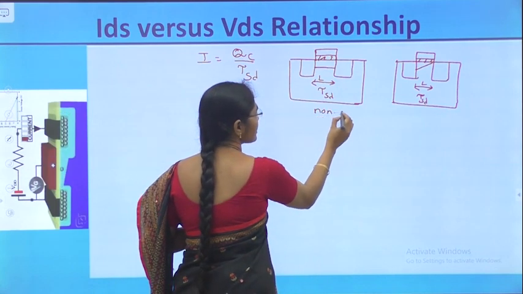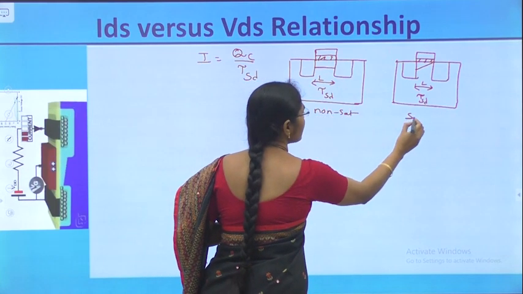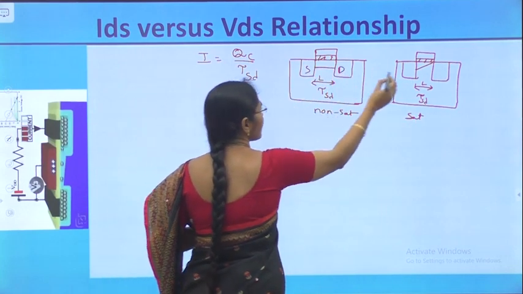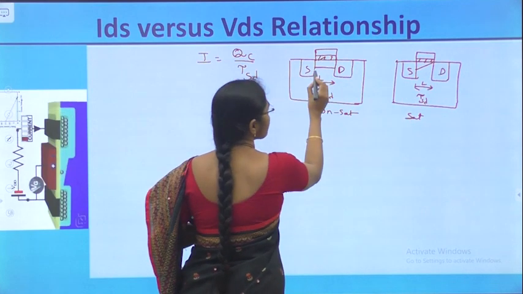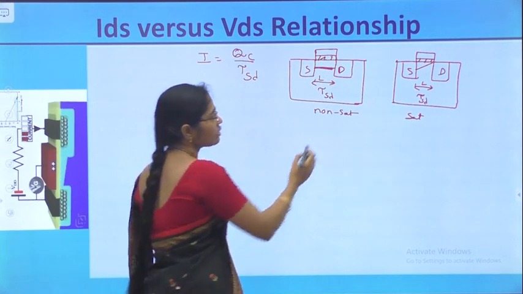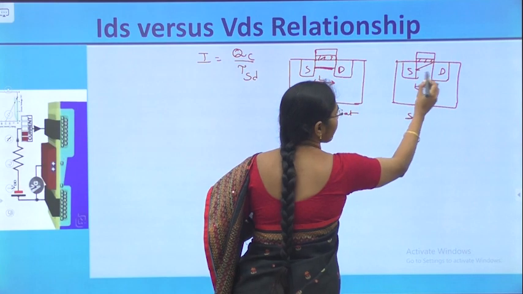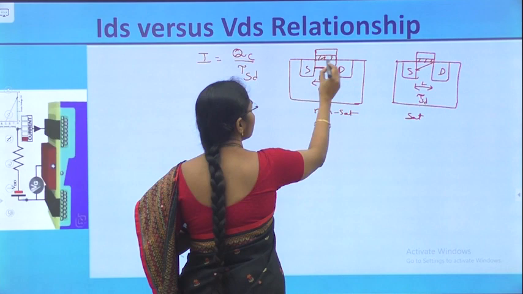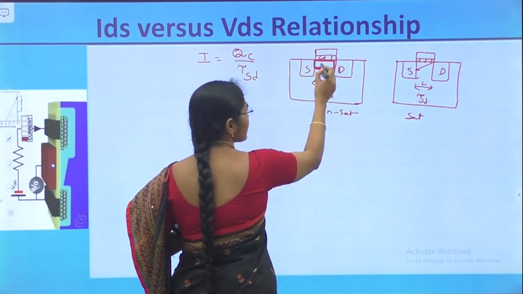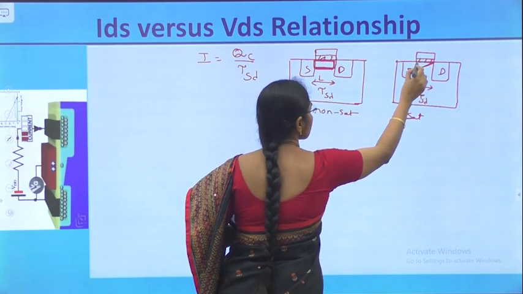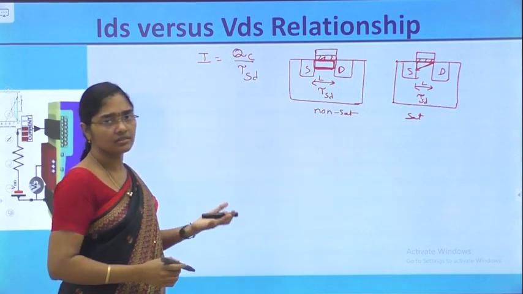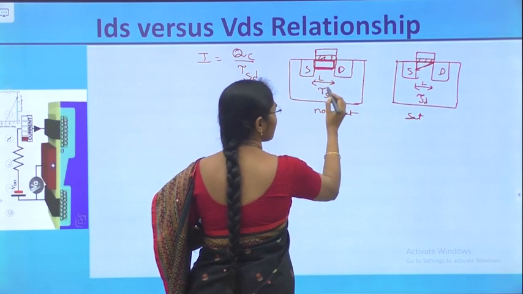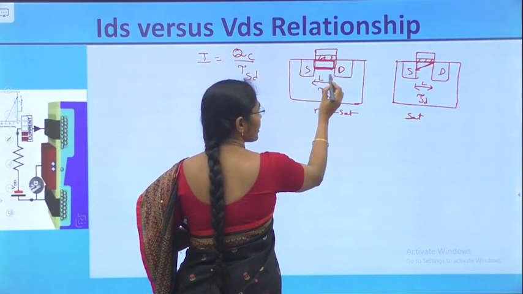So, this is the channel shape in the non-saturation region and this is the saturation region. See, the electron is always travelling from source to drain, so this much length it has to travel, and here also this much length it has to travel. Even though the channel charge and channel shape changed, tau is the time taken for the electron to travel from this point to this point.